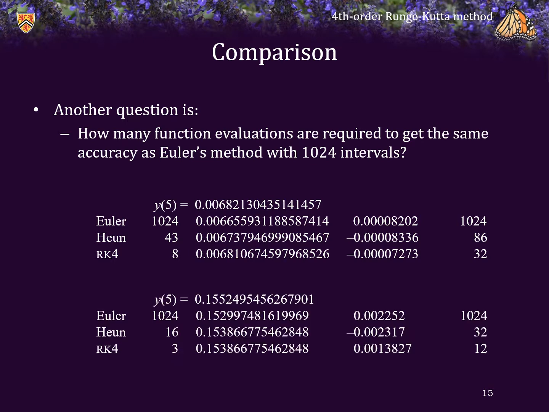For that second initial value problem, again, for Heun's method, we only need 16 intervals or 32 function evaluations versus 1024.